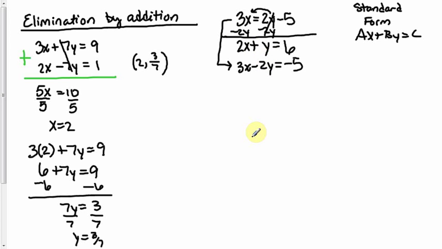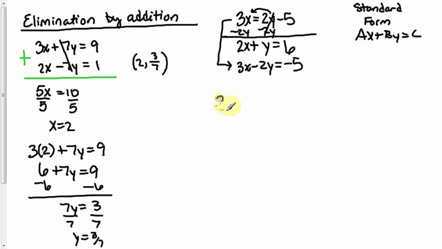Okay. Now, we have a different situation here because neither one of my variables has the same coefficient but opposite signs. Do they? This one and this one. Here's my two equations.